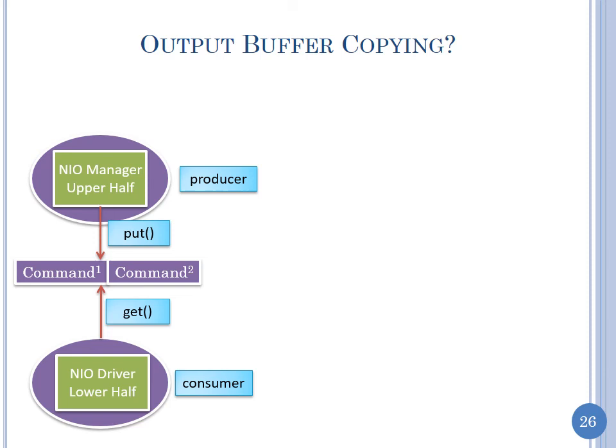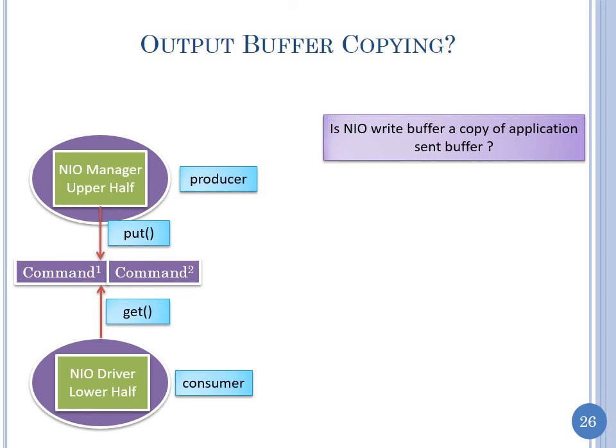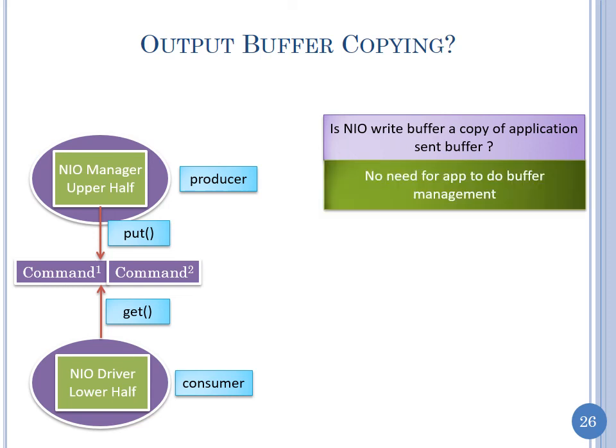You may or may not remember the pros and cons, but I won't repeat them because we've gone through them earlier. So should the NIO write buffer, the buffer that is actually provided to the NIO operation, be a copy of the buffer provided to the upper layer, or should it be the same? And the question really is, which way do we go? How do we make our trade-offs?